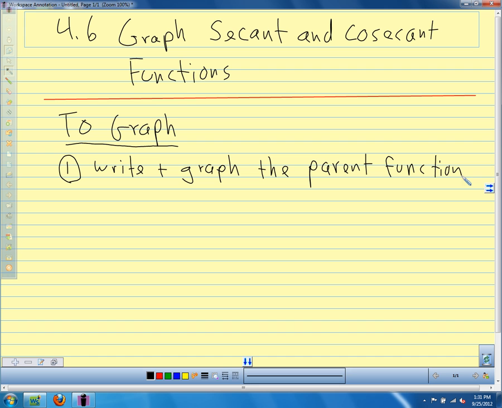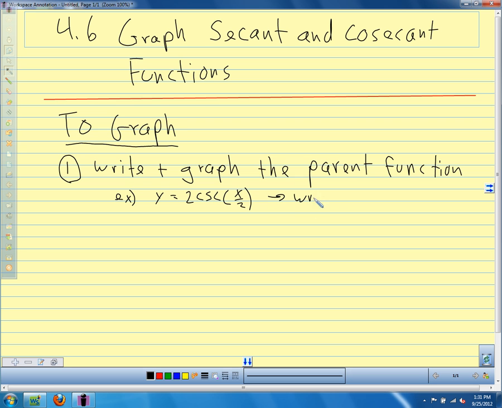So for example, if we had y equals 2 cosecant x over 2, I'm going to rewrite this.